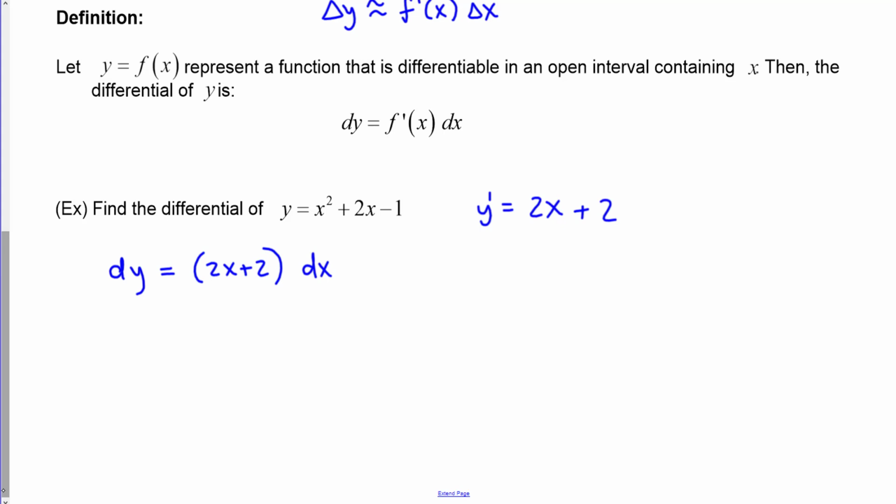It's really just a different form of the derivative. So as opposed to saying dy dx equals 2x plus 2, we say dy equals 2x plus 2 times dx. This will become important as we get later into the class, but for now, just understand if you want a differential, you are defining, in this case, dy in terms of f prime of x times dx.